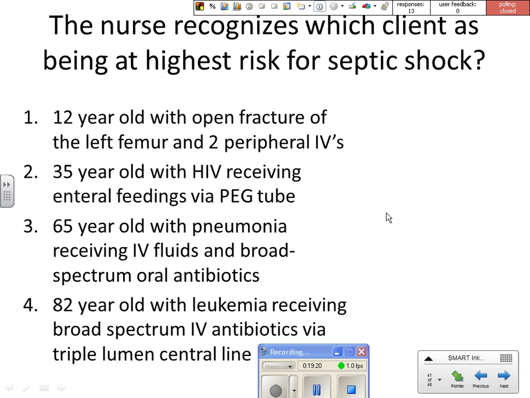The nurse recognizes that which client is the highest risk for septic shock? A 12-year-old with an open fracture of the left femur and 2 peripheral IVs, a 35-year-old with HIV receiving enteral feedings via a PEG tube, a 65-year-old with pneumonia receiving IV fluids and broad-spectrum oral antibiotics, or an 82-year-old with leukemia receiving broad-spectrum IV antibiotics via triple lumen central line.